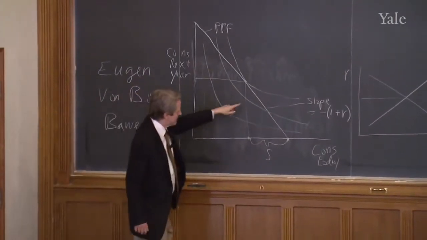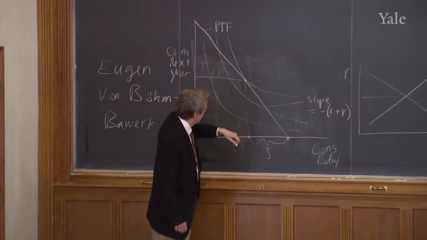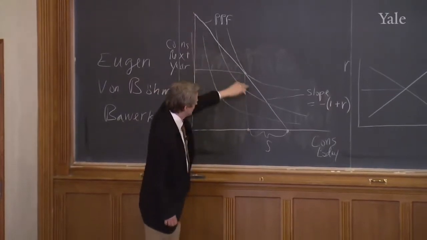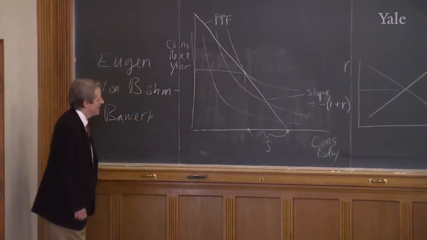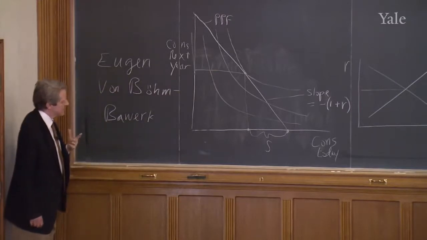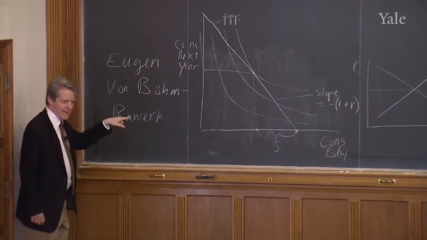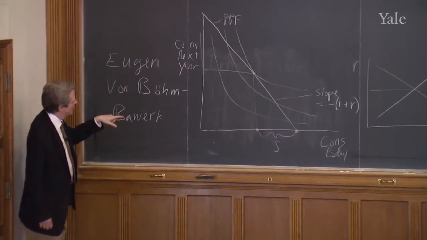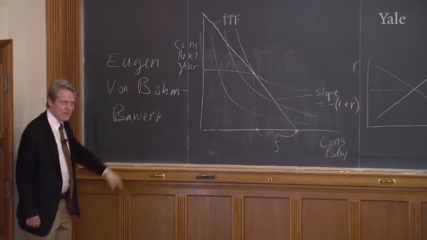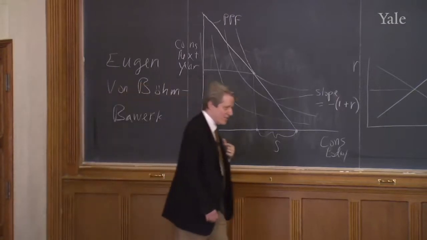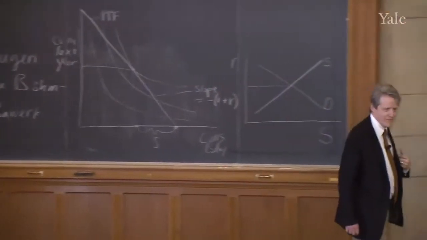The preferences are represented by his indifference curves. And since I've got a linear production possibility frontier, impatience doesn't matter. The interest rate in this case is decided by the technology, the slope of the curve. So we don't have all of Boehm-Bawerk's causes yet.